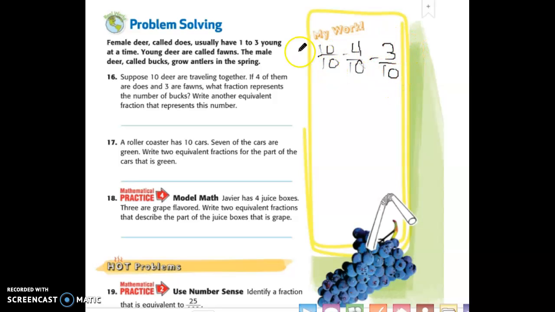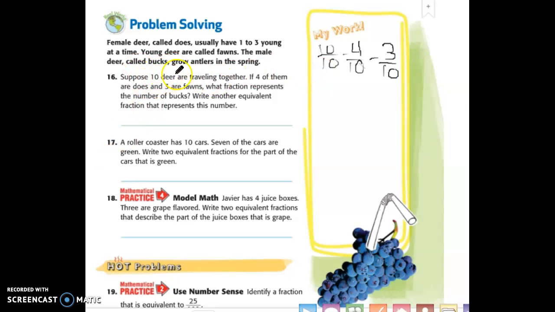Once you subtract this, then you subtract this, you'll get the fraction that represents the number of bucks. And then you're going to find an equivalent fraction that is the same as that fraction. You can either use your chart or your tiles or multiplication to figure that out. Or you can use division as well for that.